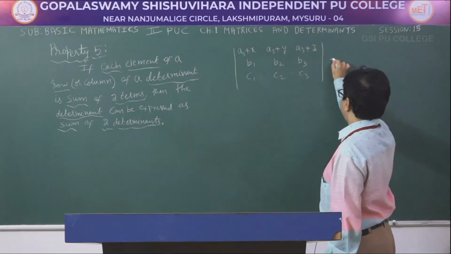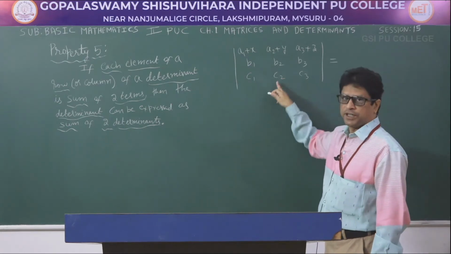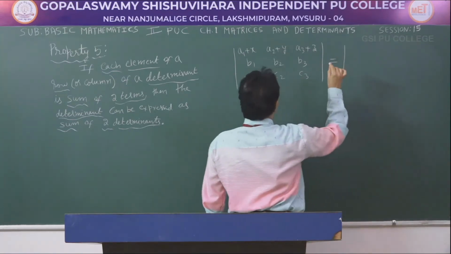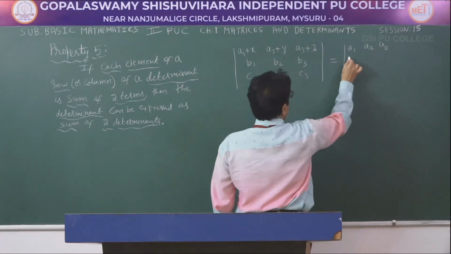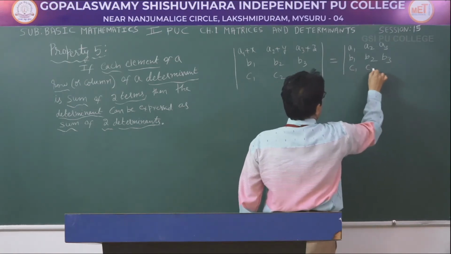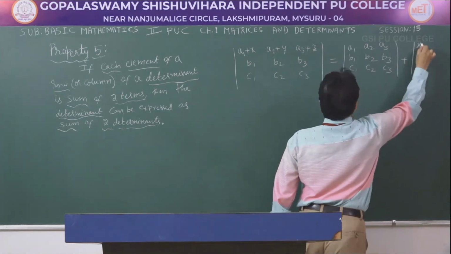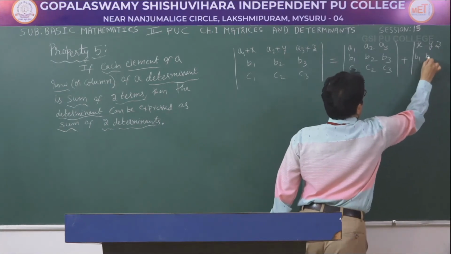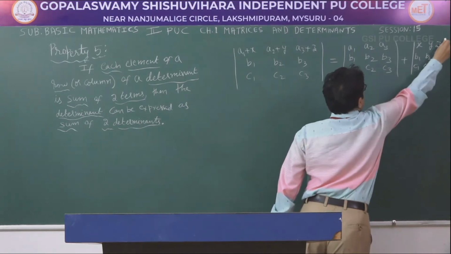Finally, we have to show that this determinant can be expressed as sum of two determinants. That is, this will be equal to determinant of a1, a2, a3, b1, b2, b3, c1, c2, c3 plus determinant of x, y, z, b1, b2, b3, c1, c2, c3.